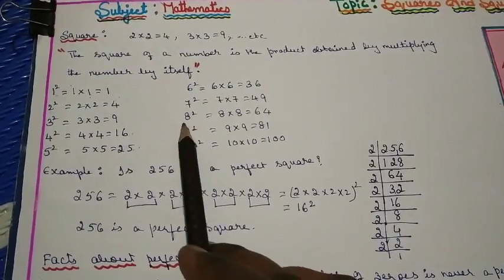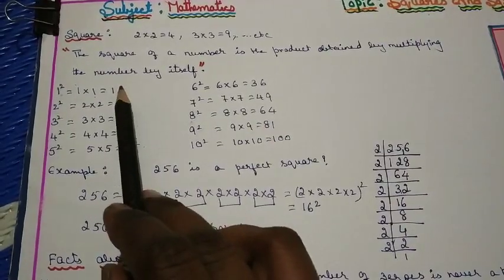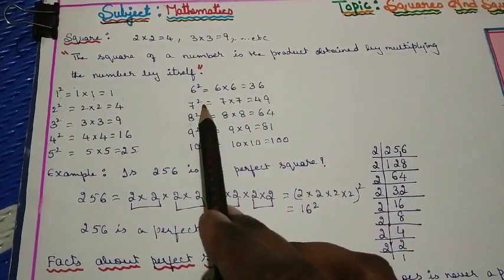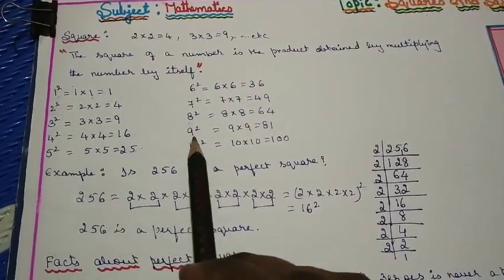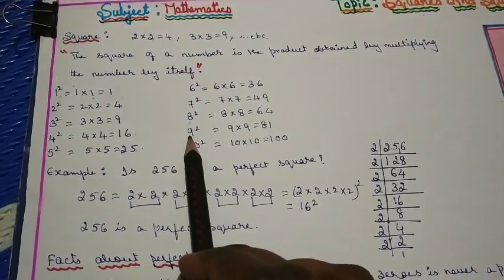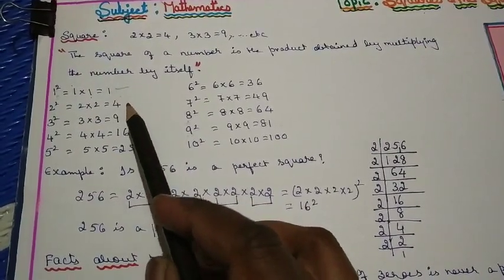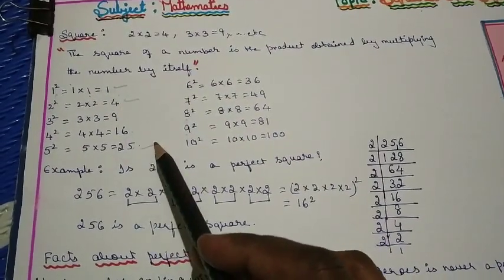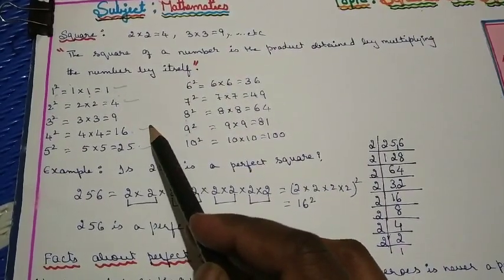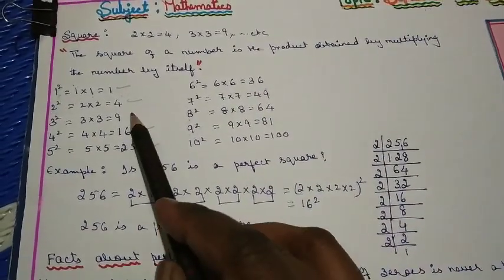Then if the perfect square is ending with 1 in the units place, then its square root's units place will be either 1 or 9. So this is how you can see here: 1, 2 is not there, 3 is not there, 4, ending with 5, ending with 6, and 7 is not there, 8 is not there in the units place, and there is 9.